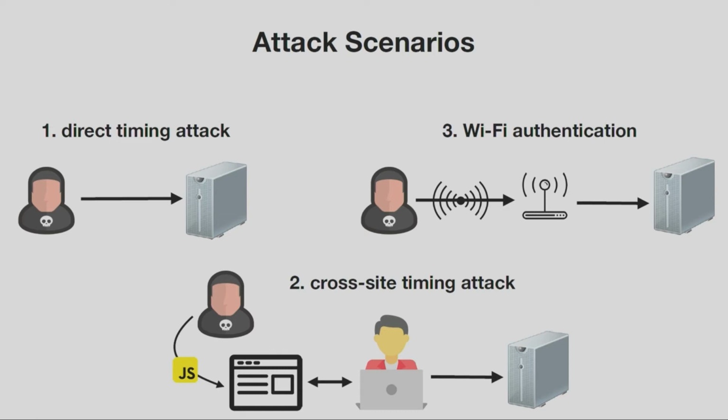The second one is the cross-site timing attack, where the attacker has some malicious JavaScript payload on a website, and then the user visits this website, and this malicious JavaScript will send requests to another website, and from this other website, it will try to extract sensitive information about the user. And the third thing that we evaluated was Wi-Fi authentication. This was mainly work done by my colleagues from NYU in Abu Dhabi.